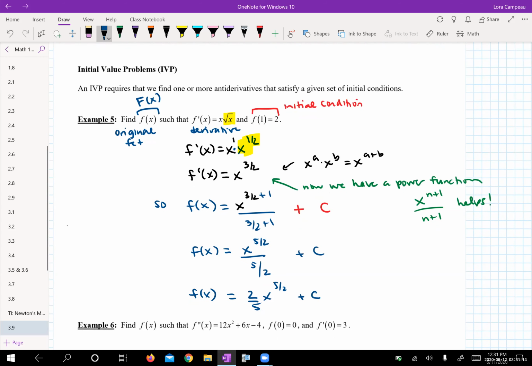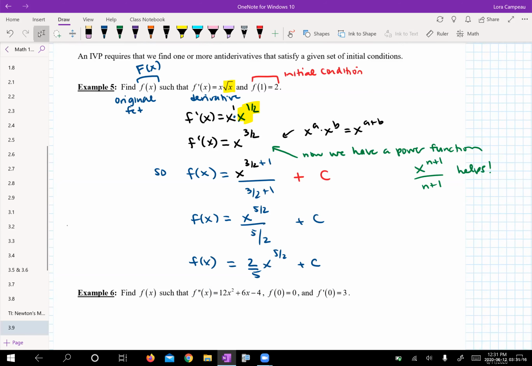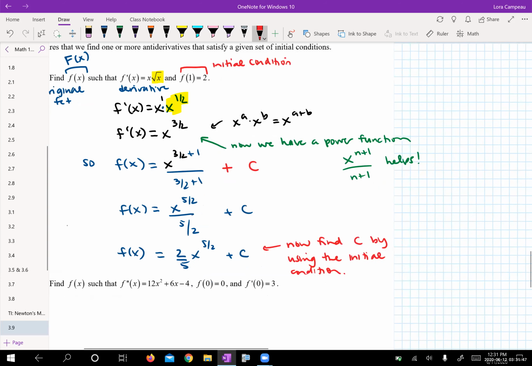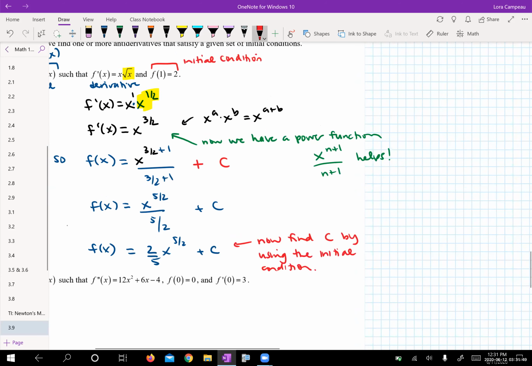So now we pretty much have our original function, but we have to find c. And how you find c is that they have to tell you some other information, i.e., the initial condition. So what I go through is I say, well, let's look at this one more time.